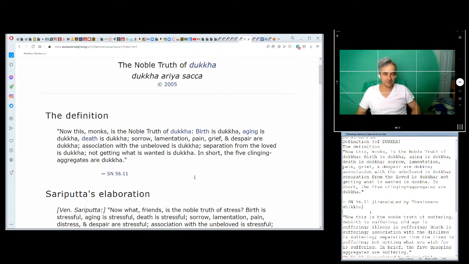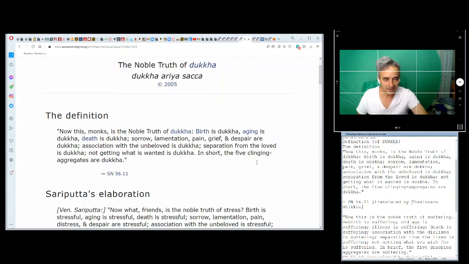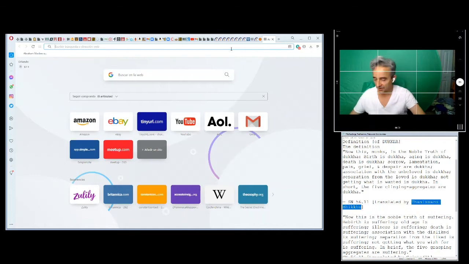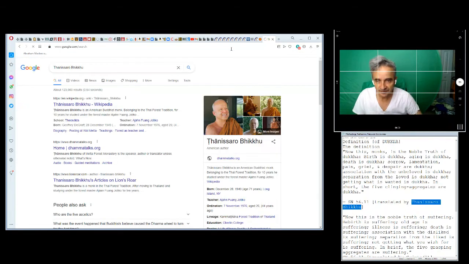And who is Bhikkhu Bodhi? Bodhi, I think that's the way you spell it. Bhikkhu Bodhi is an American Theravada Buddhist monk ordained in Sri Lanka.